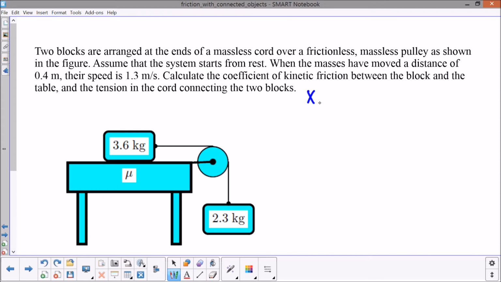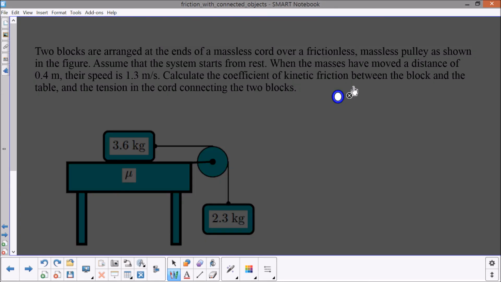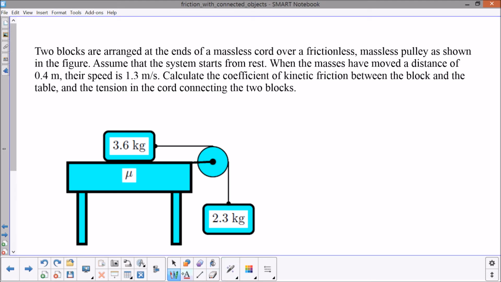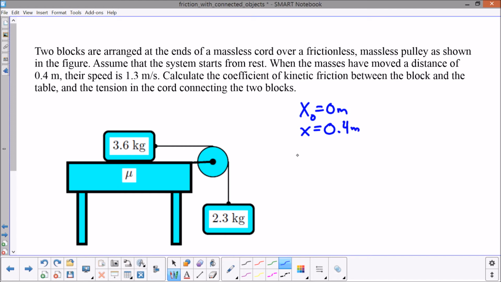We have that the blocks started at a position of 0 meters. They traveled to a position of 0.4 meters.